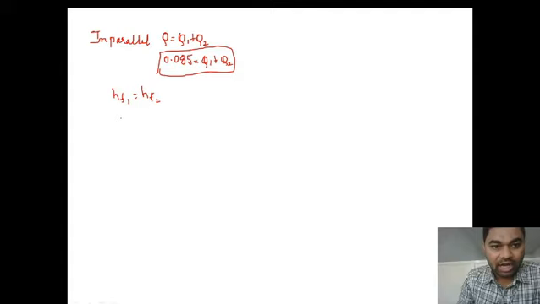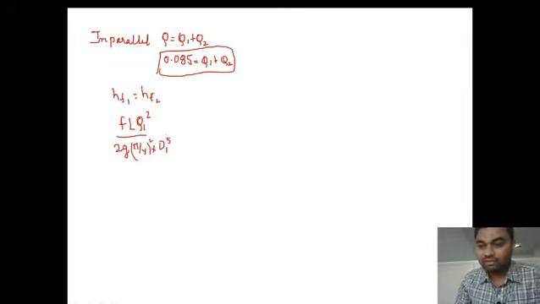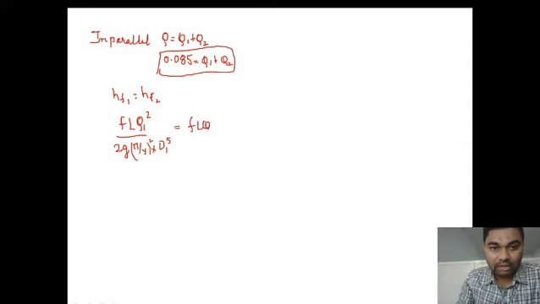What is the formula for head loss in terms of Q? F L Q1 squared by 2G pi by 4 whole square into d1 to the power of 5 is equal to F L Q2 squared by 2G pi by 4 whole square into d2 to the power of 5.